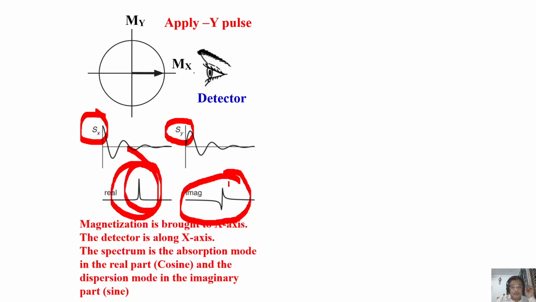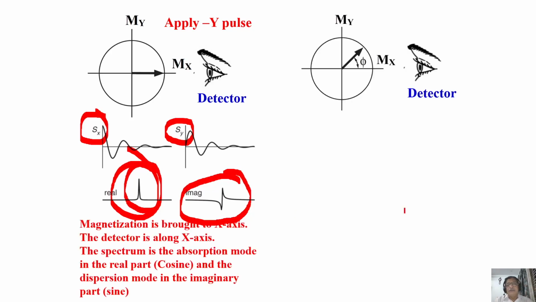Let us say I bring the magnetization, instead of to the x-axis, somewhere in between the x and y axes. Let us say from the z-axis I bring it somewhere here, which makes an angle phi with respect to the x-axis. This is my detector.